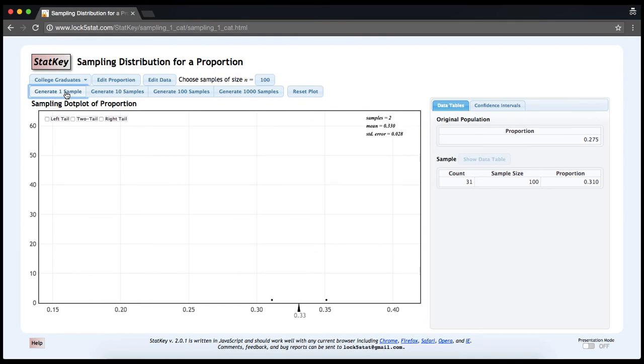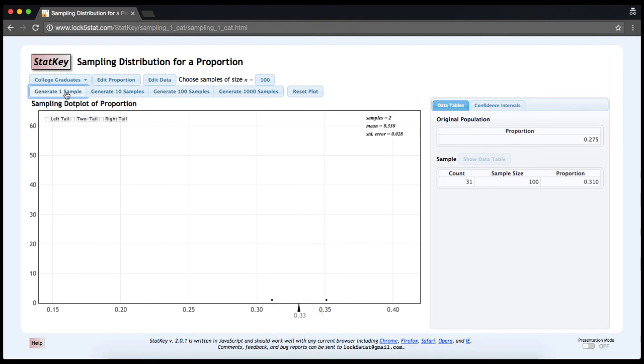In this second sample, there were 31 individuals with a bachelor's degree or higher out of 100. This gives us a sample proportion of 0.310. This second sample proportion is also plotted on our sampling distribution dot plot. The triangle and the number below are pointing to the mean of this sampling distribution dot plot.